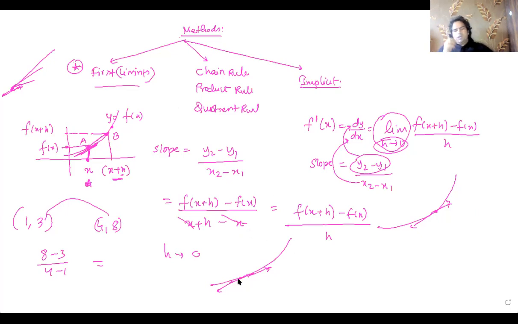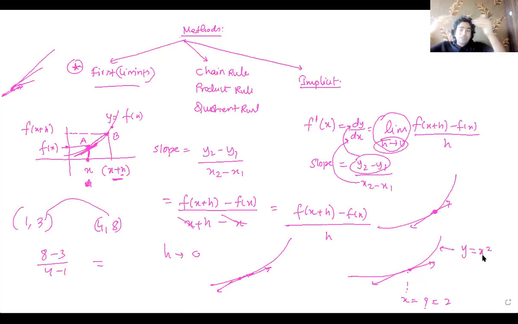So this is the important key concept: the derivative at a fixed point on the curve is nothing but the slope of the tangent drawn at that point. Let's say I'm drawing a tangent here, and I know the x coordinate of this point is, say, x equals 2, and the equation of the curve is y equals x squared.